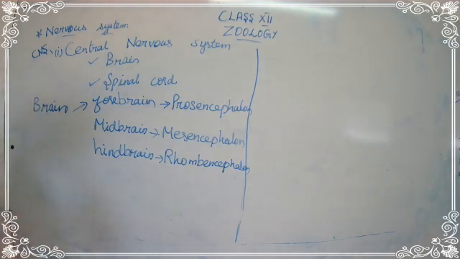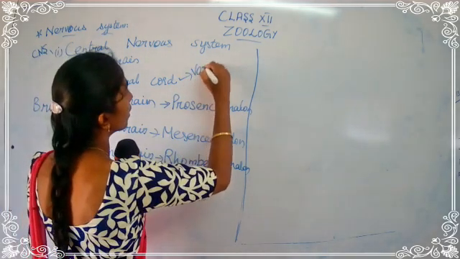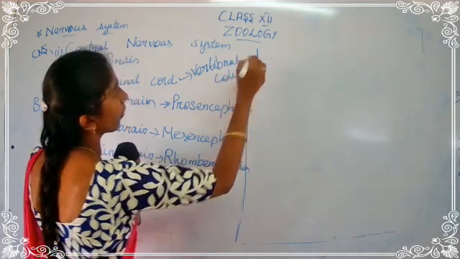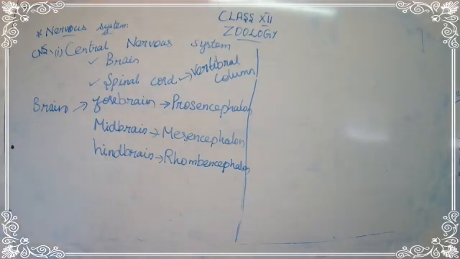And then the spinal cord is enclosed in the vertebral column. Okay, so let me repeat the point: the central nervous system consists of the brain and spinal cord, and the brain is also divided into three categories: forebrain, midbrain and hindbrain.